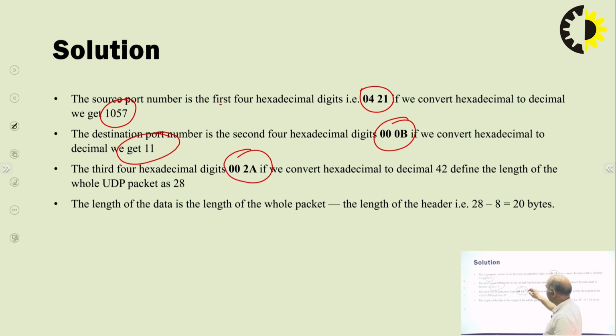This is 002A, which comes out as 42 in this case. As the header length is fixed, the length of the data will come out as 42 minus 8 again, which is 20 bytes as the length of the data.